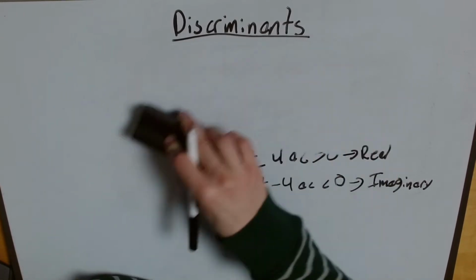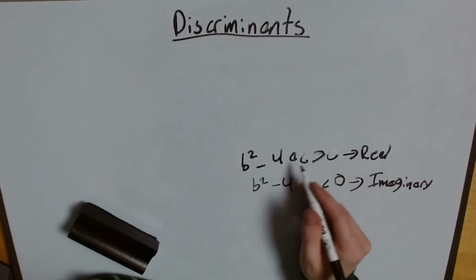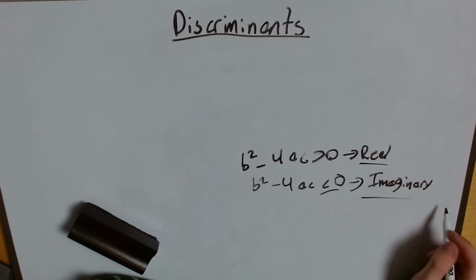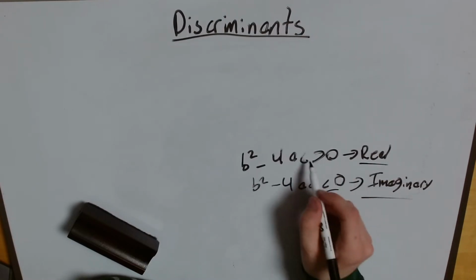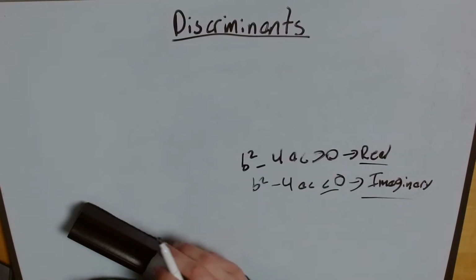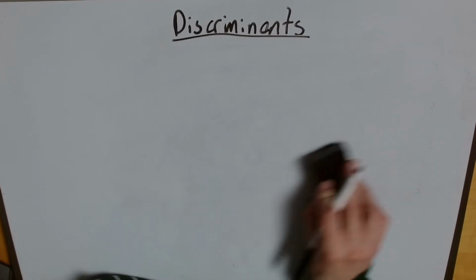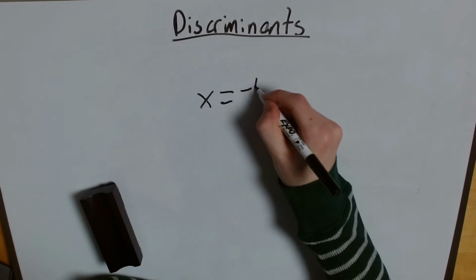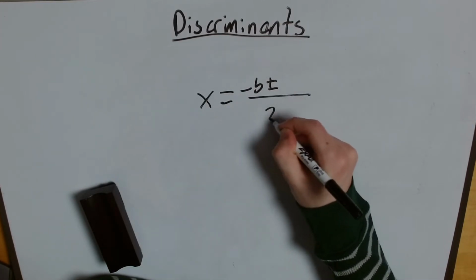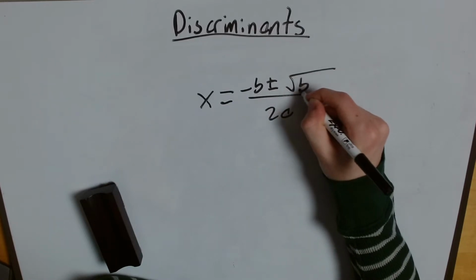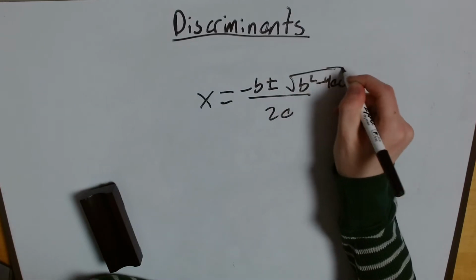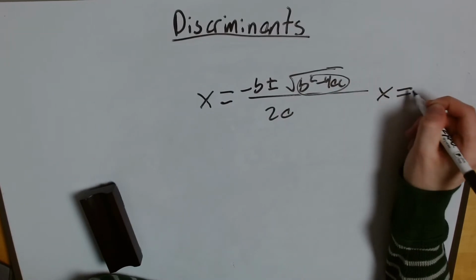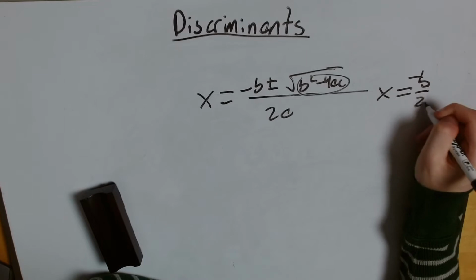Now you might be asking, okay, if it's greater than 0, we're real. If it's less than 0, we're imaginary. What if this is equal to 0? What does that mean? Well, to understand that, we'll go back to the quadratic formula. If this whole thing is 0, then our x is just equal to -b over 2a.